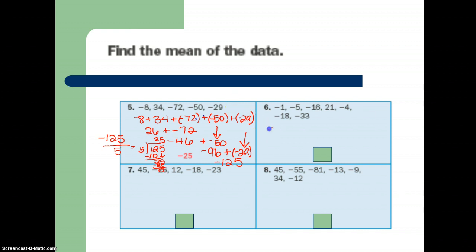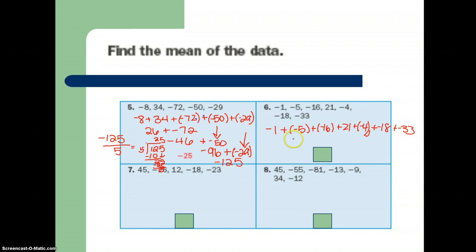For number 6, add these all together. And when you add those all together, and you can do the work on your paper, I will be checking as you work on this to make sure that you're doing the work.